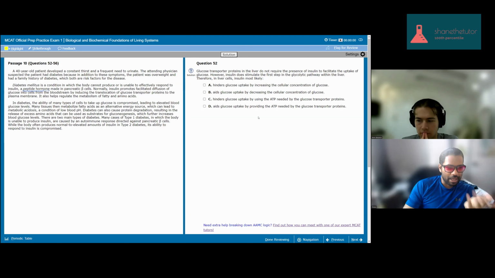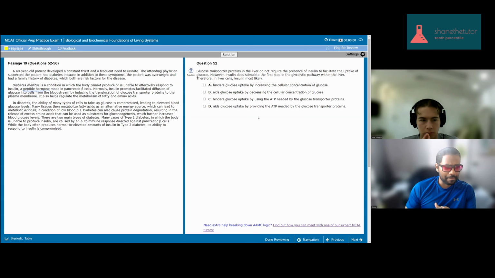They're made in the pancreatic beta cells, and they're saying that insulin promotes facilitated diffusion of glucose into cells by inducing the translocation of the glucose transporter proteins to the plasma membrane.